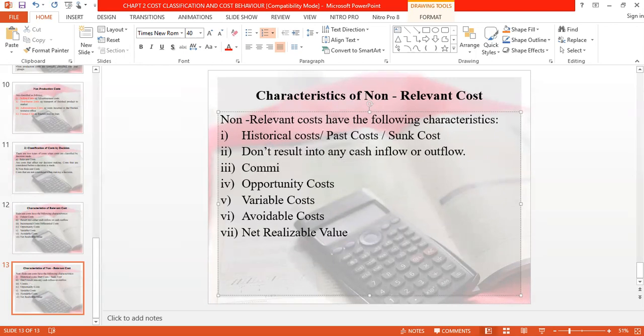Number three, common costs. The other one was incremental or differential. Now these are common costs. Next, we have committed costs. Next, we have fixed costs. Next, we have net book values.